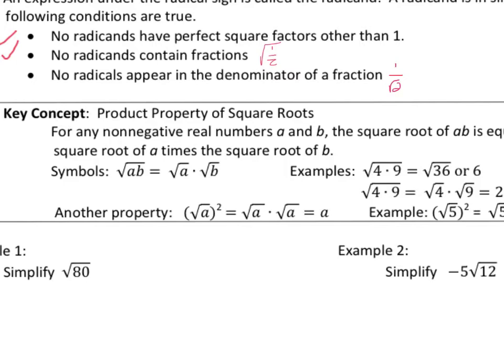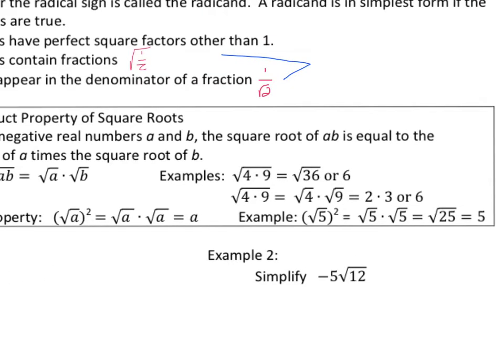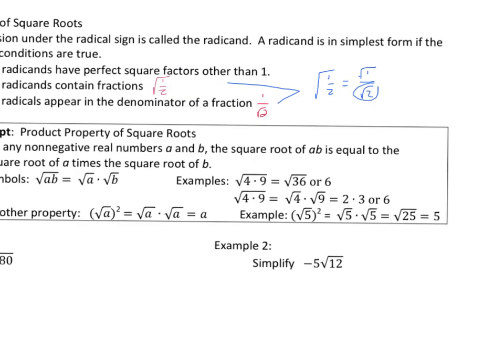And the root of a fraction can be rewritten like this. That's why the root of a fraction is not allowed, because it does indeed have a root in the denominator. And taking care of that root in the denominator is what we talked about when we talked about rationalizing.